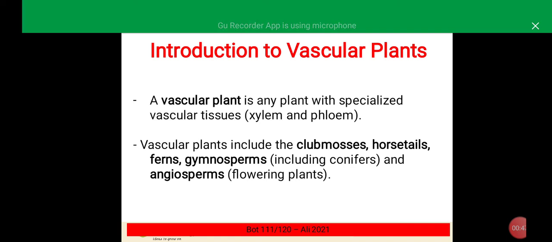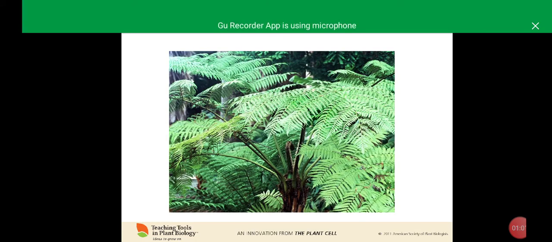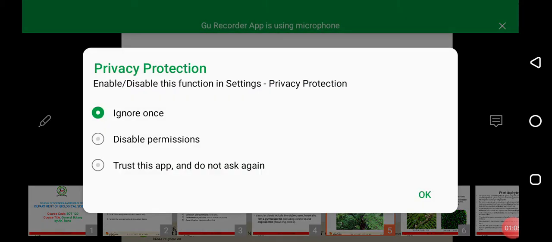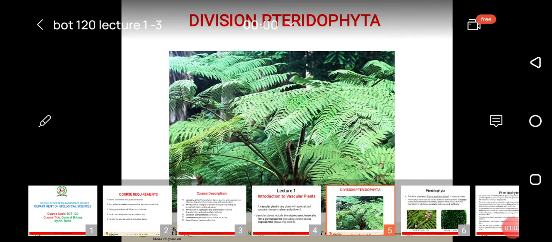Now vascular plants include the club mosses, horsetails, ferns, gymnosperms, and angiosperms. We'll come to know what gymnosperms and angiosperms are. This is now an example of pteridophyta.